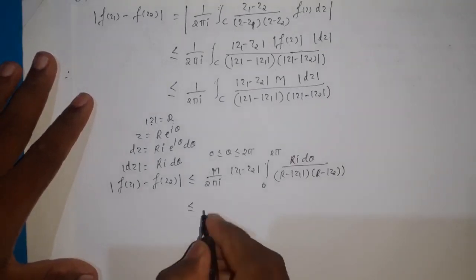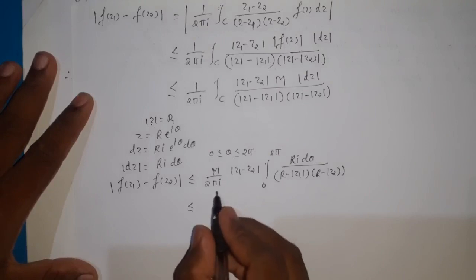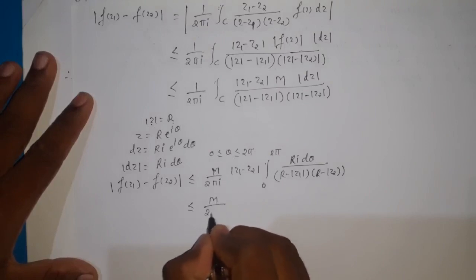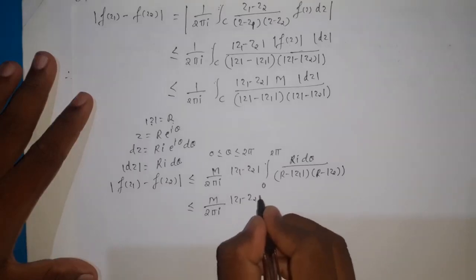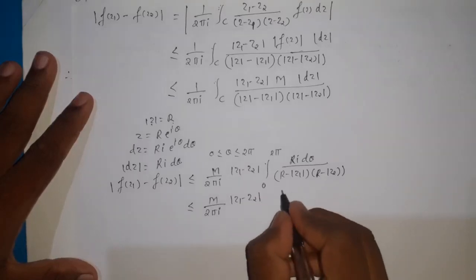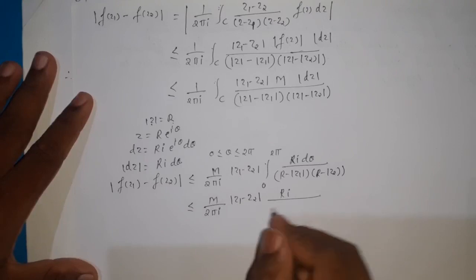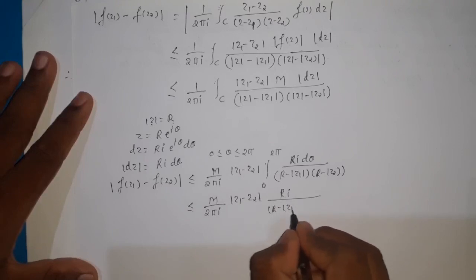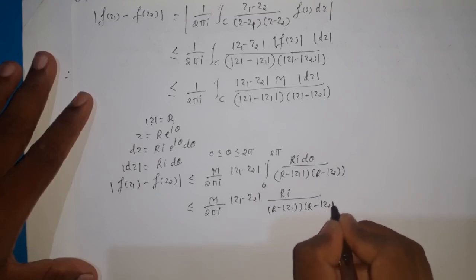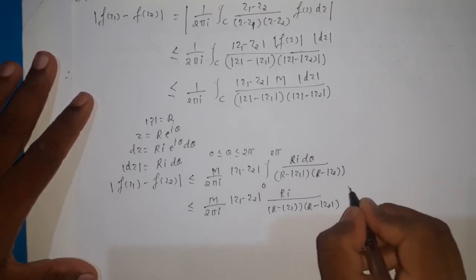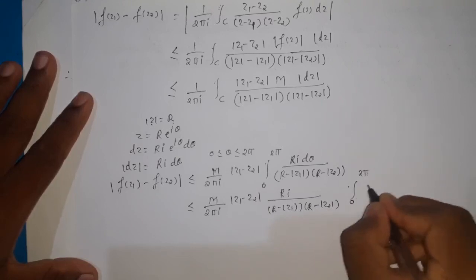Then this is less than or equal to M divided by 2 pi i mod z1 minus z2. So R divided by R minus mod z1 into R minus mod z2, here remaining 0 to 2 pi d theta.